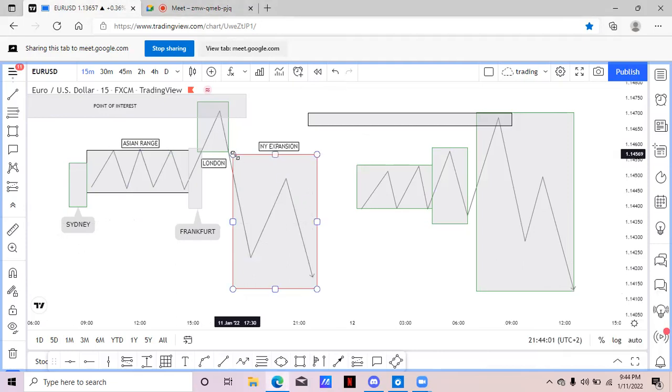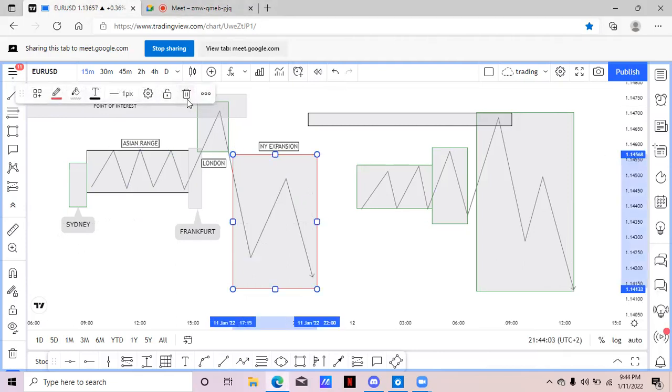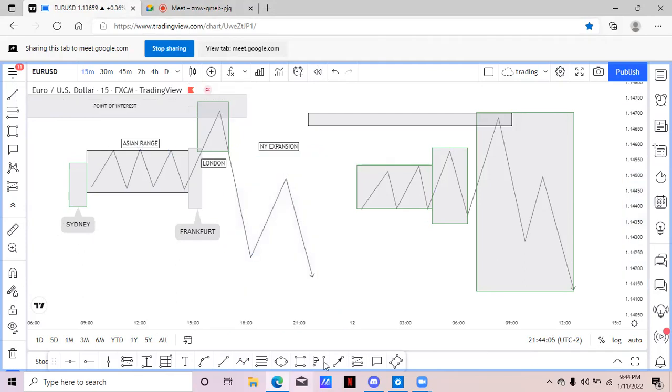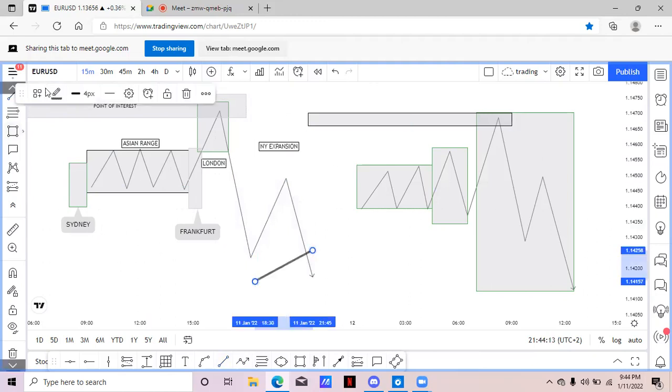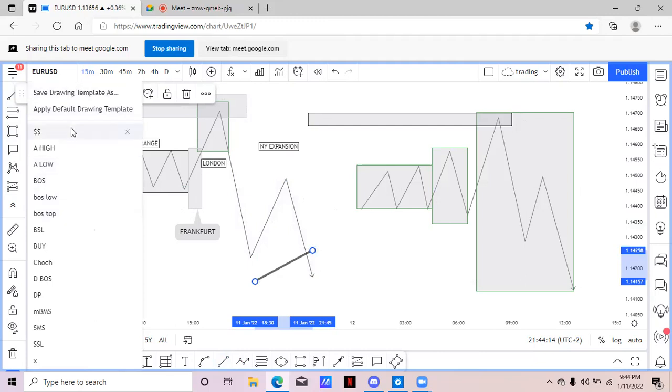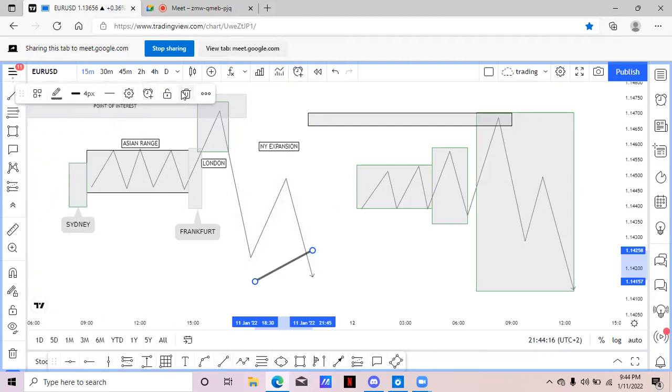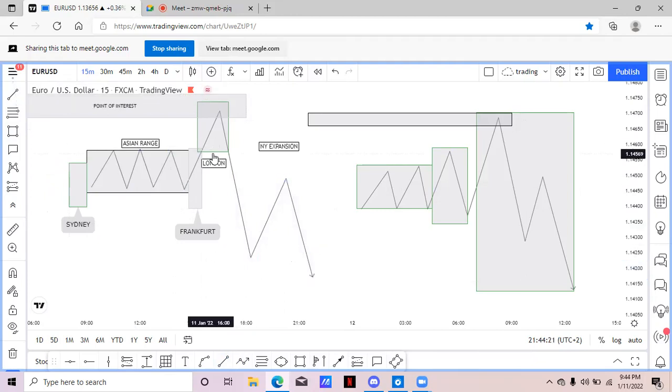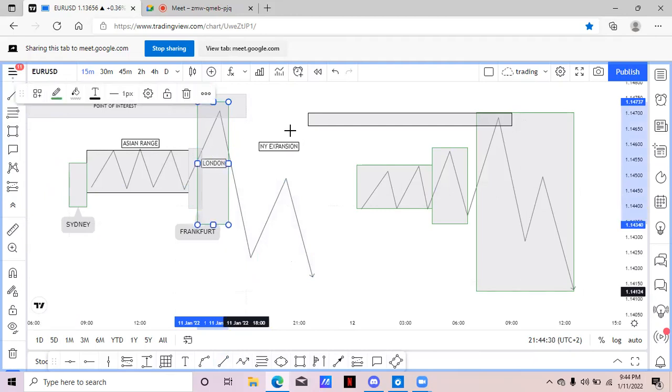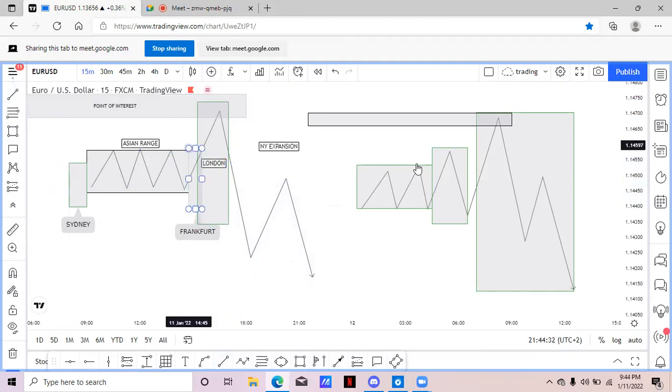So let's go back to this one. This is the method that we used for our normal approach to the daily pip cycle, and so on.